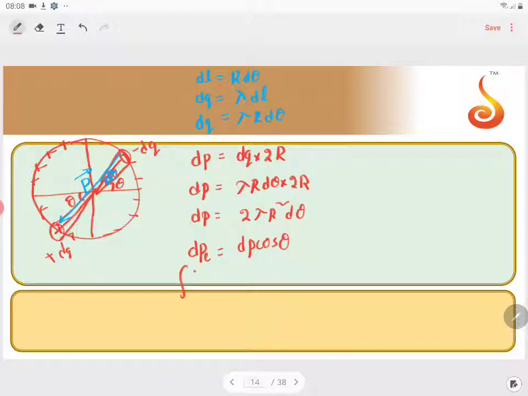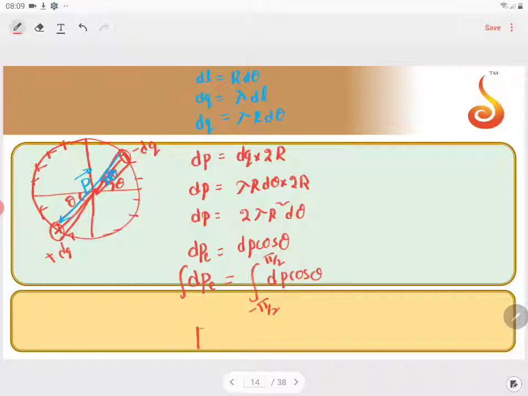To get the total dipole moment, we have to integrate this. So integral dp cos theta, where theta is the variable. To cover all the elemental charges, theta should vary from minus pi by 2 to plus pi by 2.